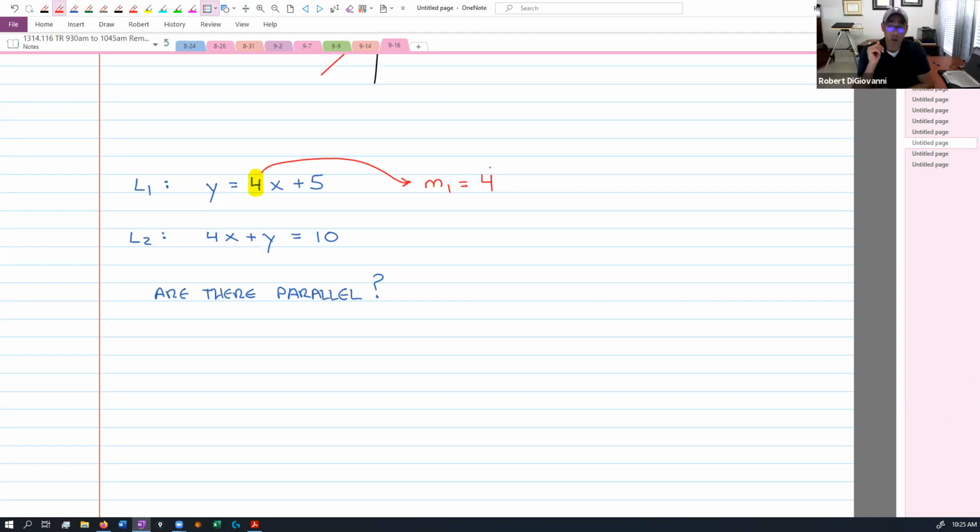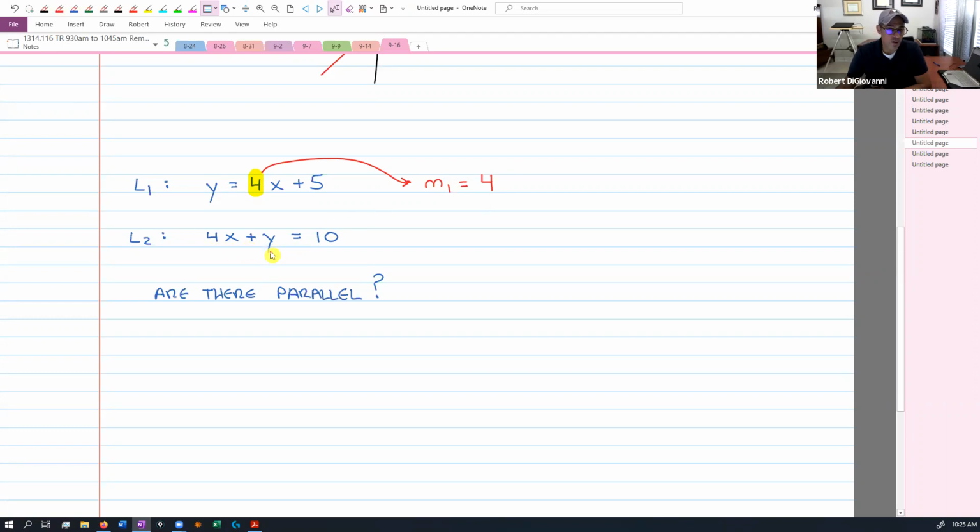Yeah, that means they are parallel. Exactly. The slopes have to be the same, and then the y-intercepts need to be different so that you have two different lines. If you have the same y-intercept and same slope, then you're talking about the same line, like it's the same line repeated.